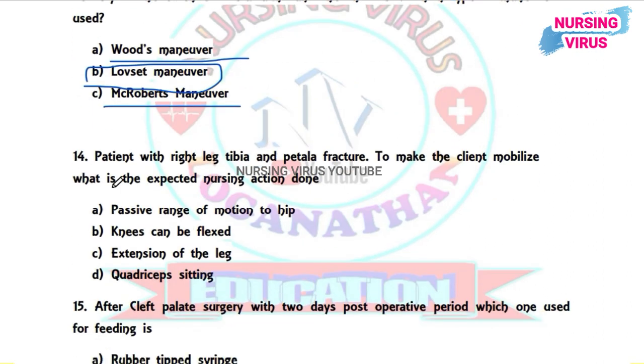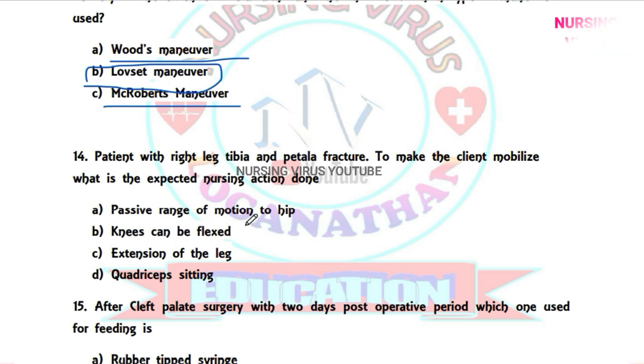So 14th question. The patient with a right leg tibia and patella fracture, to make the client mobilize, what is the expected nursing action? The options are passive range of motion to the hip, knees can be flexed, extension of the legs, and quadriceps setting.